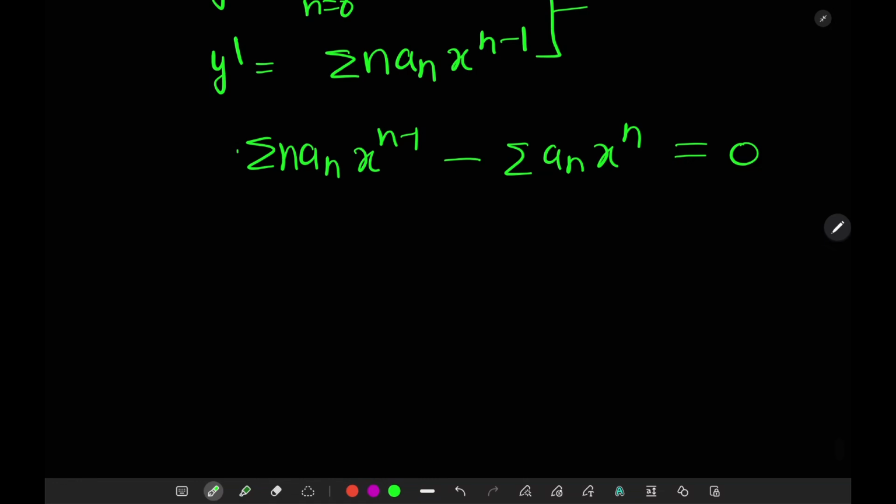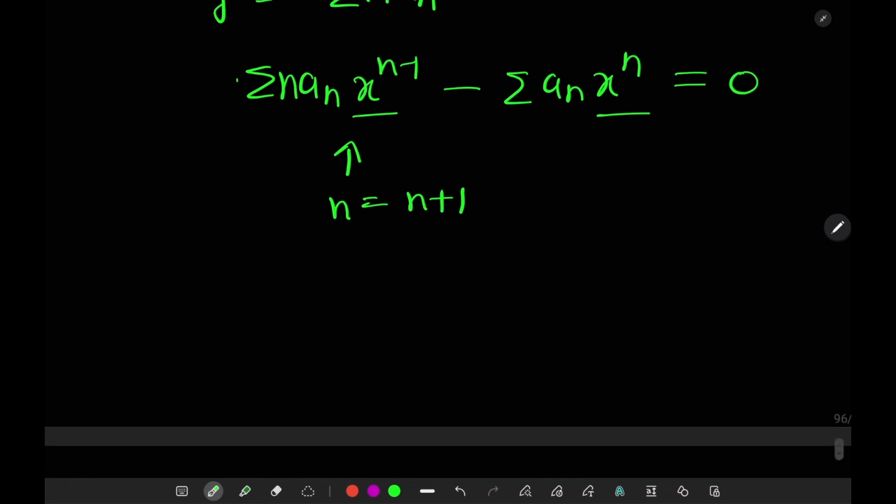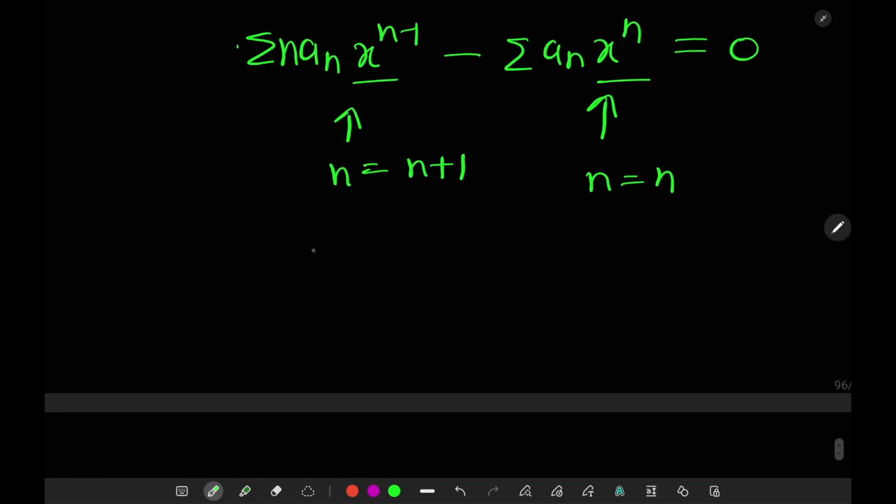In this method, we need to make x raised to the same power, so in this summation we put n equal to n plus 1, and in this one n is equal to n. Now this becomes this.